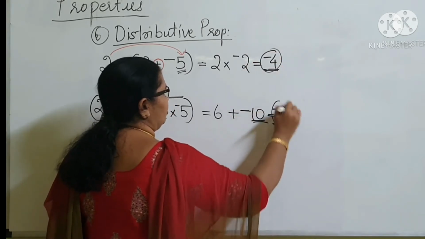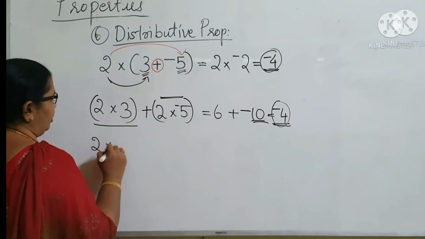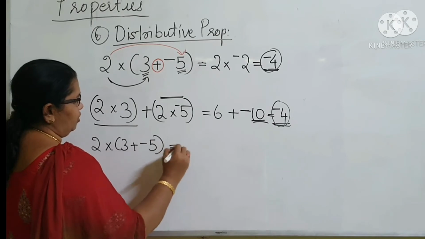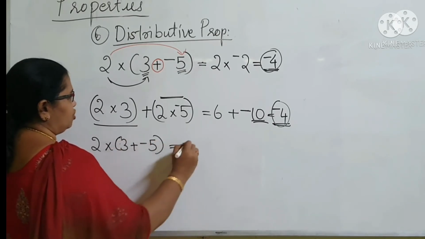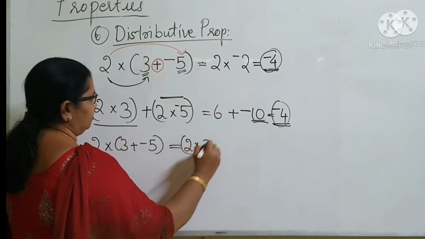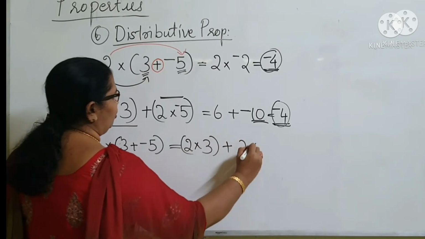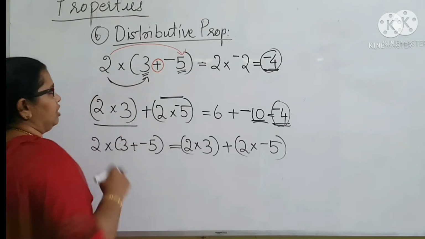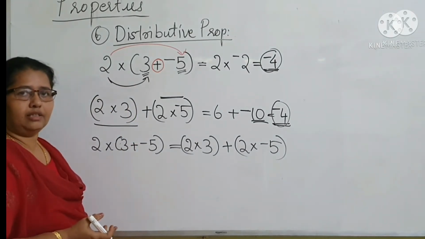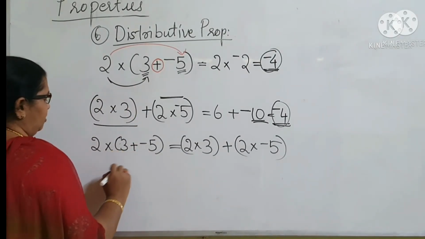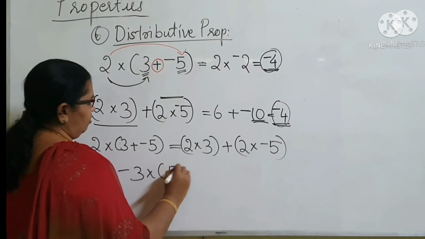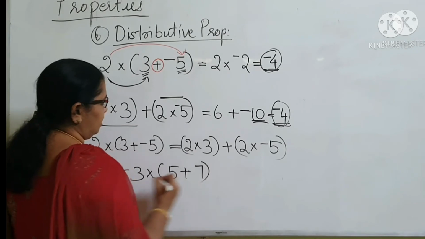So in these two cases, we can write 2 into 3 plus negative 5 is equal to 2 into 3 plus 2 into negative 5. Multiply the integer outside the bracket with all the integers inside the bracket. Then what about negative 3 into 5 plus 7?